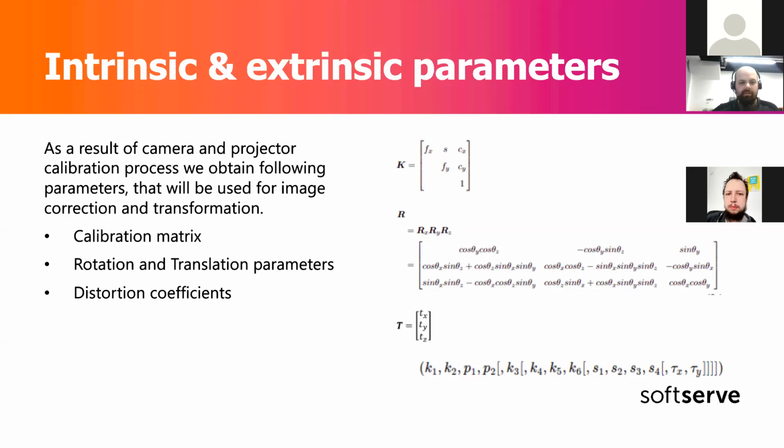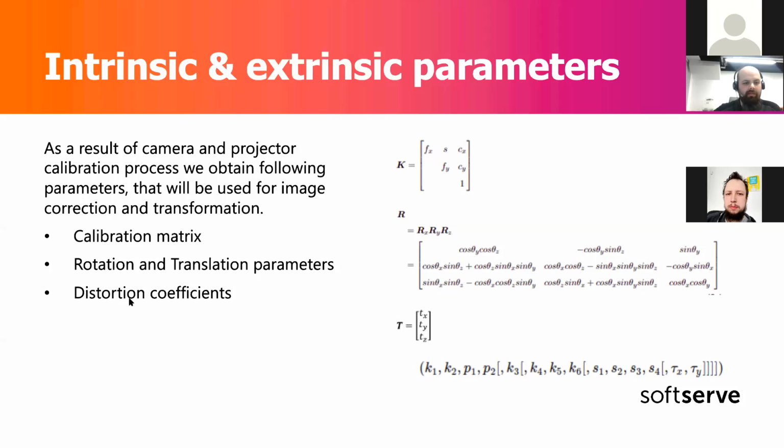The next one is the translation vector, which describes how to translate the image plane coordinates, I mean the zero point, to the world plane zero.